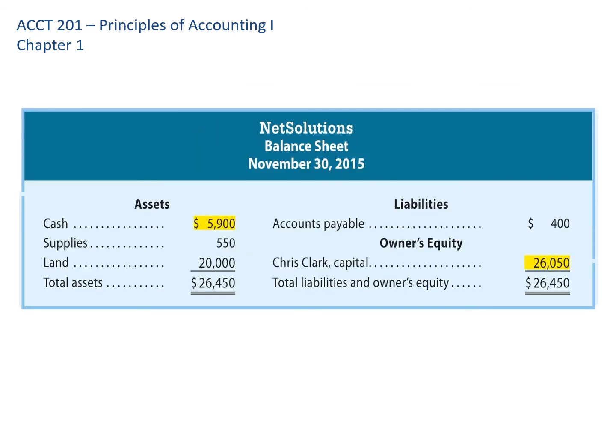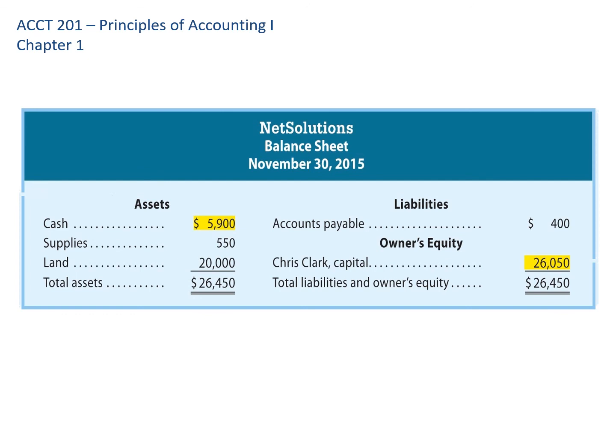Next one, the balance sheet. Again, see the header's a little bit different here. It's as of a particular date, not for a period of time. And I've got assets, so I've got cash, supplies, and land, $26,450 of assets. For liabilities in this business, I've got $400 in accounts payable. That's what I owe my suppliers. And that $26,050 for the owner's claim on the business.